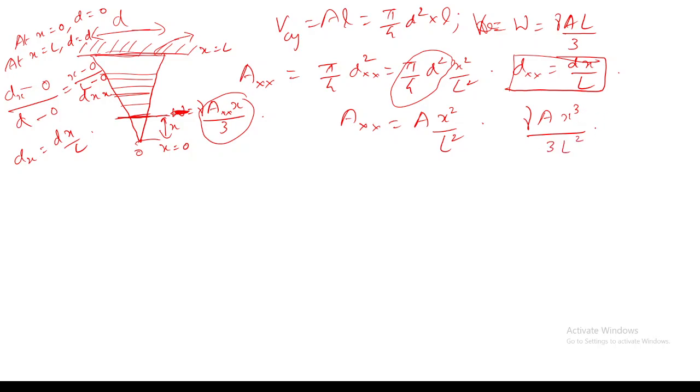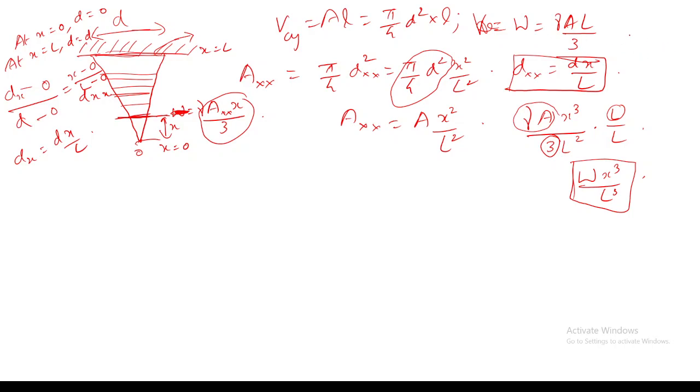Now when I'm multiplying and dividing by L, I can write this in terms of W, which I can rewrite as gamma A into L divided by 3, I can write it as W into x cube divided by L cube. This will be the variation of the self weight along this conical member.